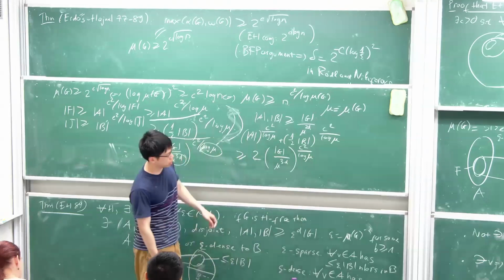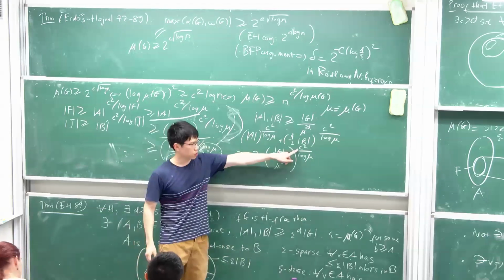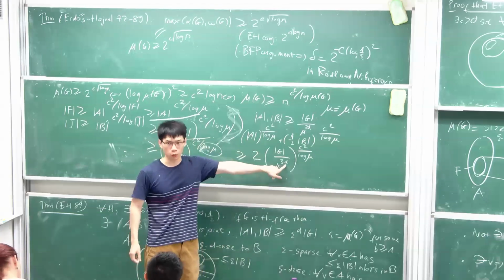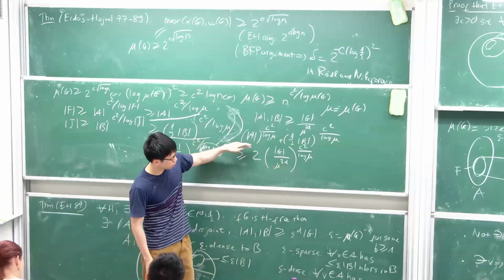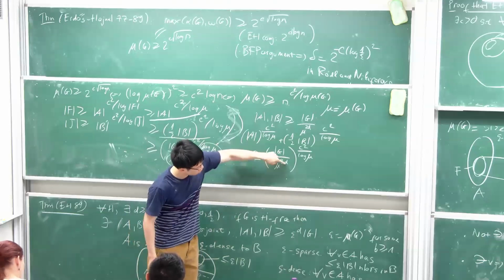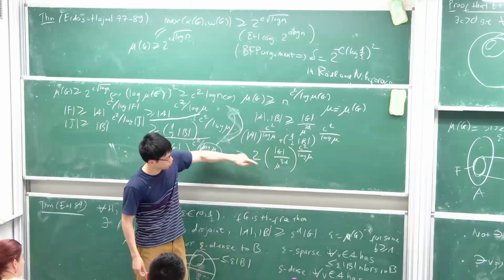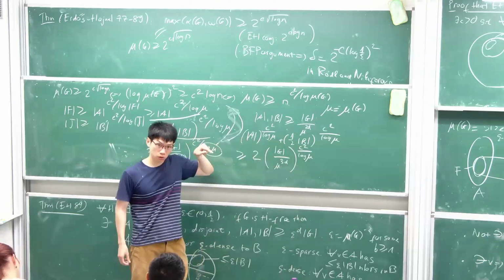And if you choose C squared to be sufficiently small compared to 1 over D or 1 over 3D, then this expression raised to this power is going to be beaten by 2, right?